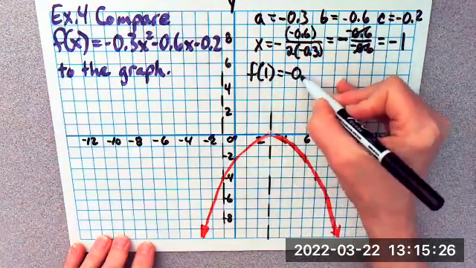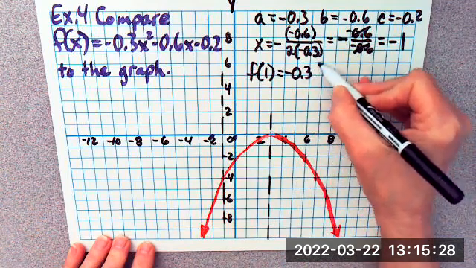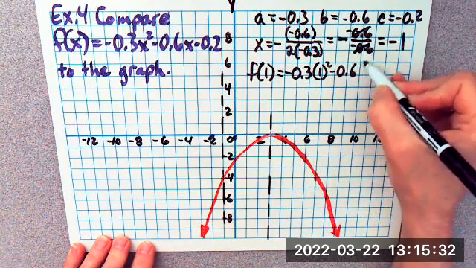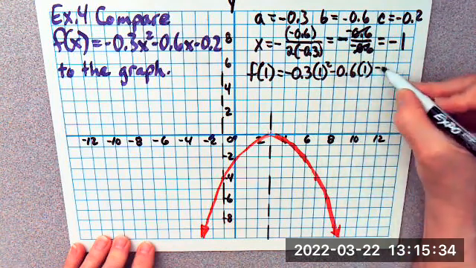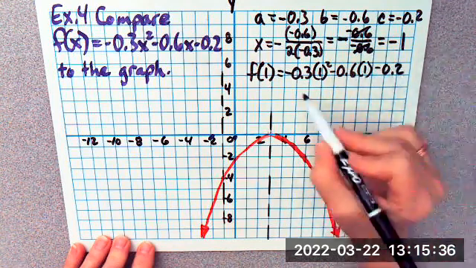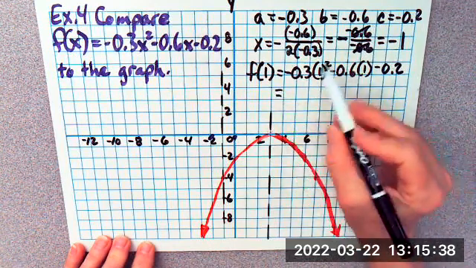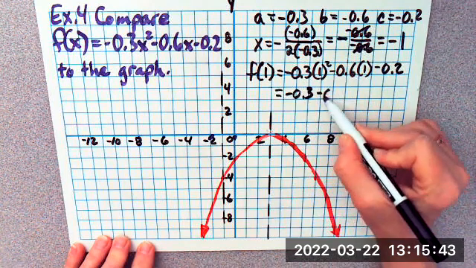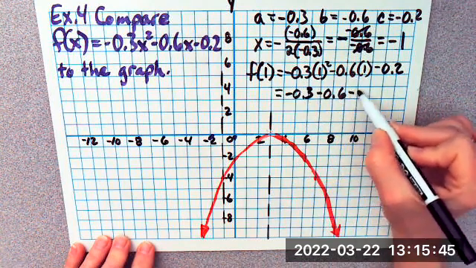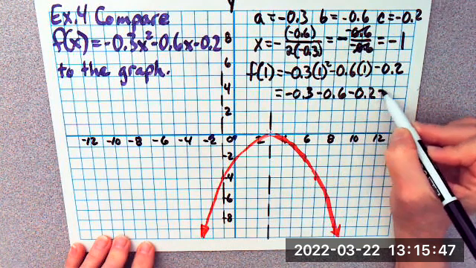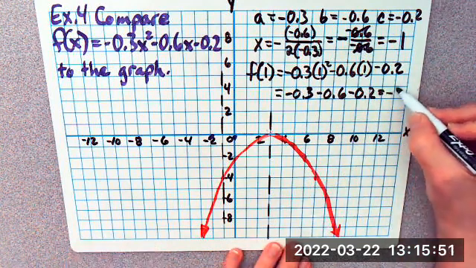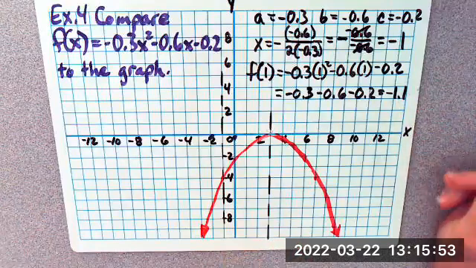So we have negative 0.3 times 1 squared minus 0.6 times 1 minus 0.2. So this ends up negative 0.3 minus 0.6 minus 0.2. Okay, when we add that all together, we get negative 1.1.